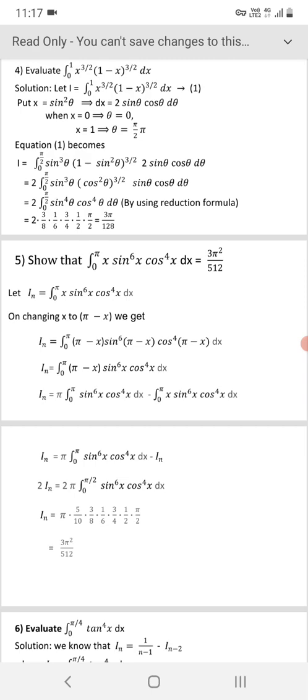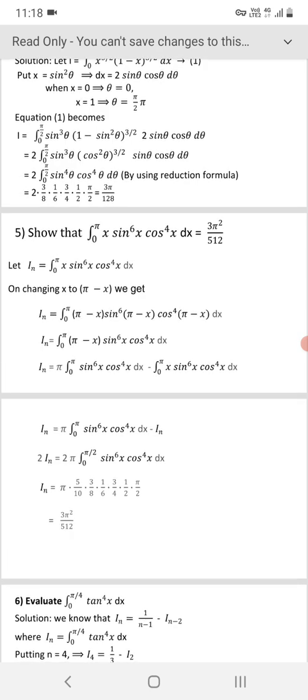Now here sin of (pi minus x) lies in the second quadrant, it is positive, but it has power 6, therefore sin power 6 (pi minus x) becomes sin power 6 x, and similarly cos of (pi minus x) is minus cos x, therefore it becomes cos power 4 x with respect to x. Now we can split into two functions for this.